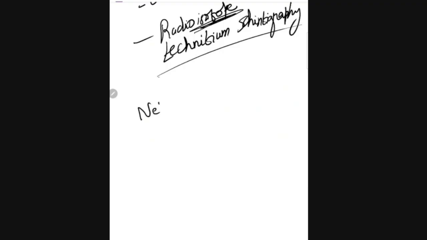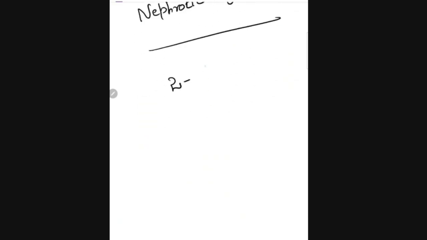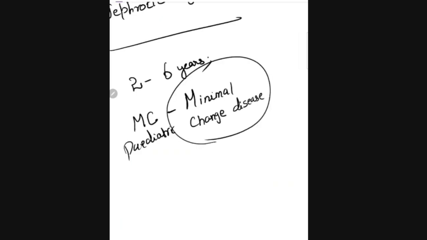Nephrotic syndrome is more common in the age group of 2 to 6 years. So the most common pathologic lesion correlating with nephrotic syndrome in the pediatric age group is minimal change disease.